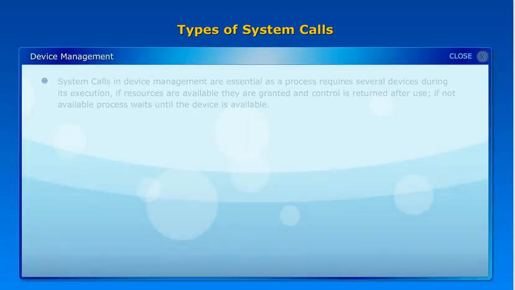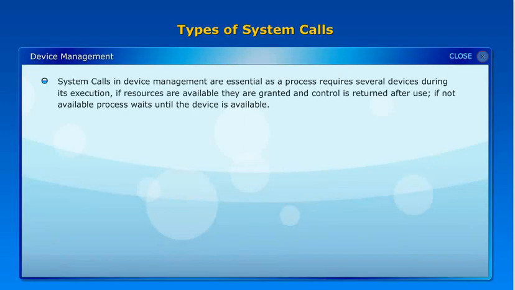Device management. System calls in device management are essential as a process requires several devices during its execution. If resources are available, they are granted and control is returned after use. If not available, the process waits until the device is available.